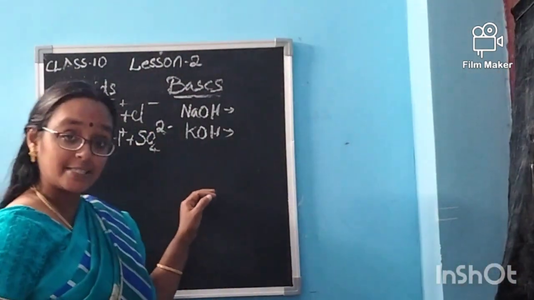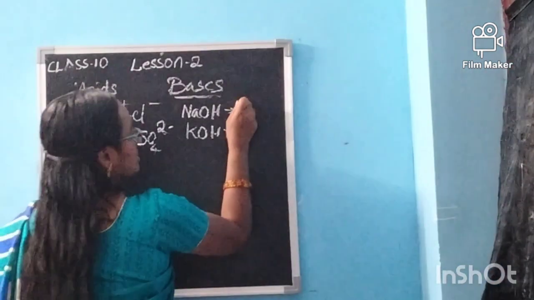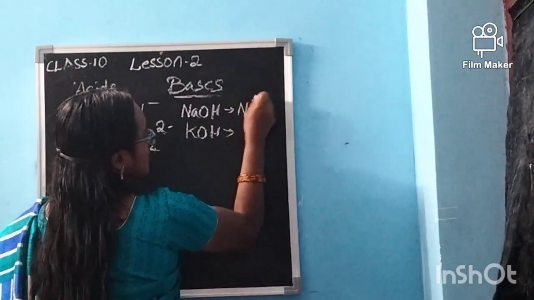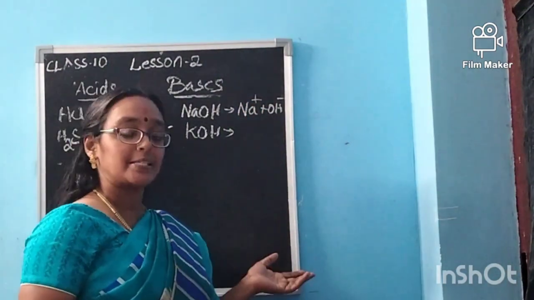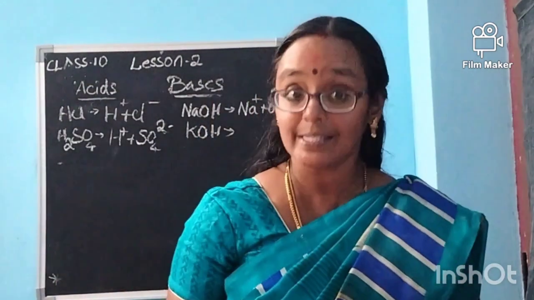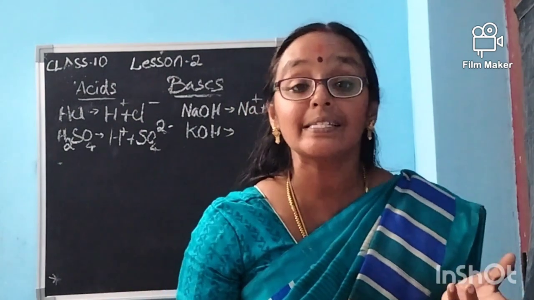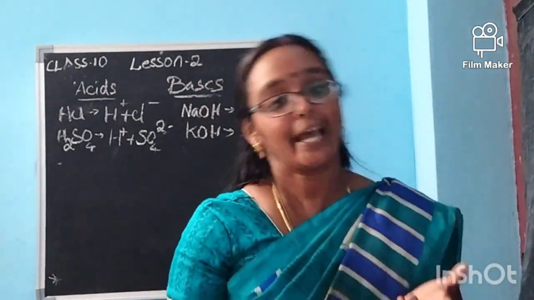Similarly, in the case of base, is a reaction happening? Yes, for base also. It changes into Na+ and OH−. Similarly, KOH gives K+ and OH−. That means the acids and bases are able to be split into cations and anions.